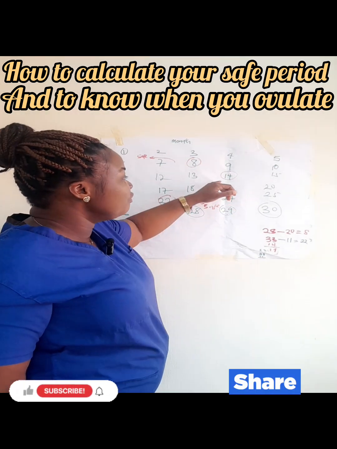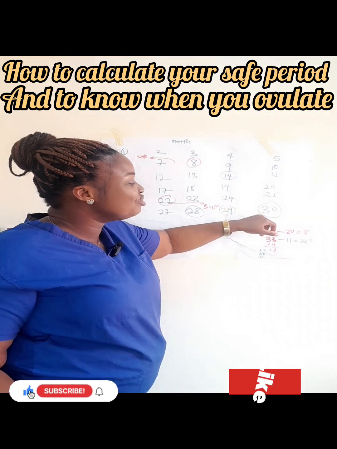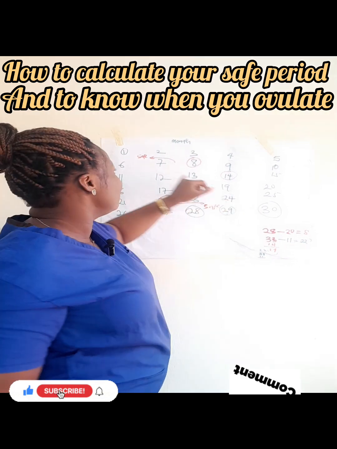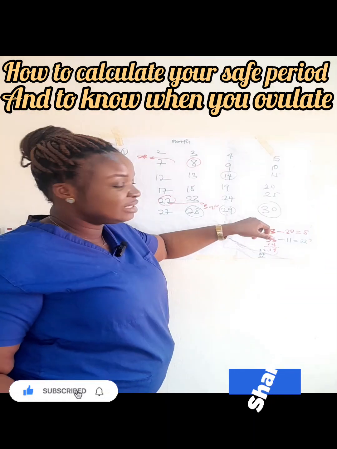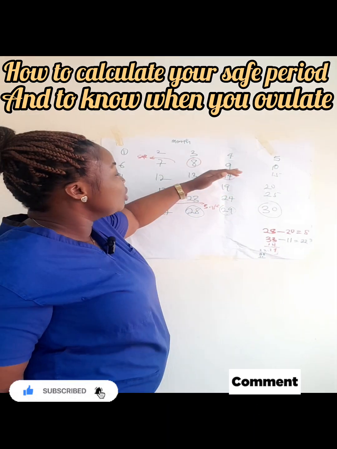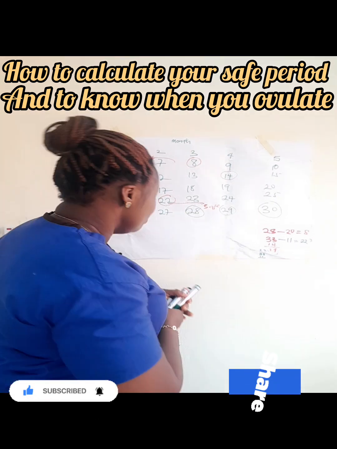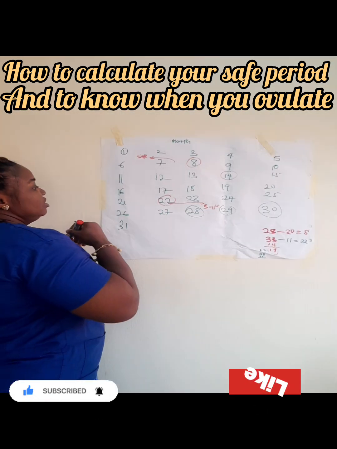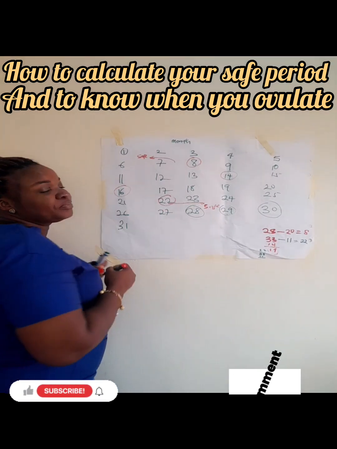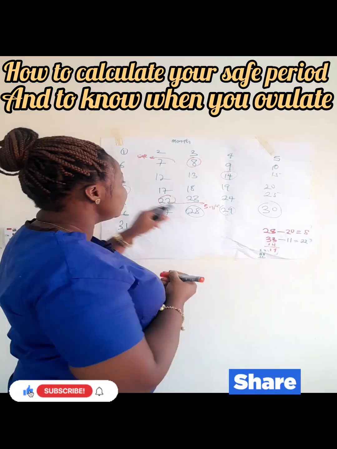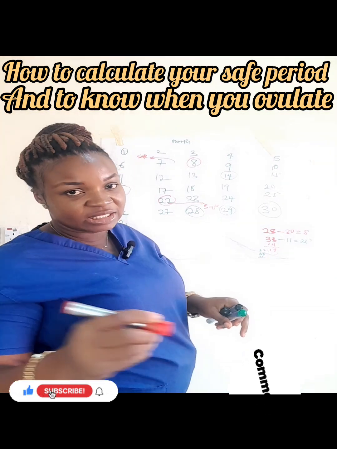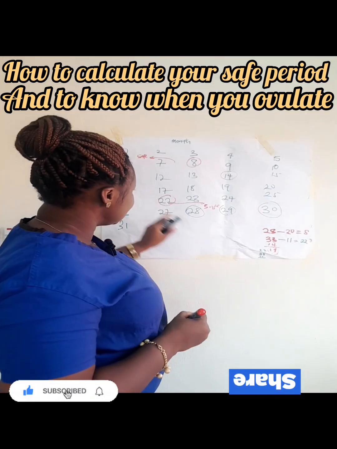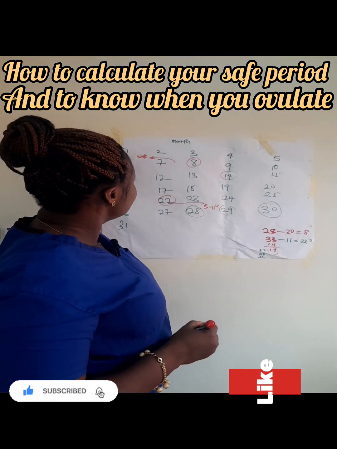So, if your menstrual cycle is a 30-day cycle, your ovulation date is around the 16th day. Note that the follicular phase varies while the luteal phase remains constant in every cycle.